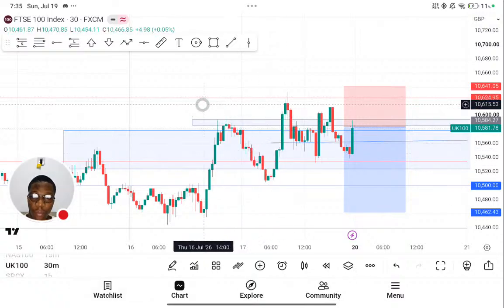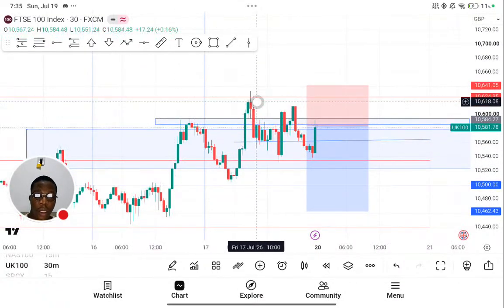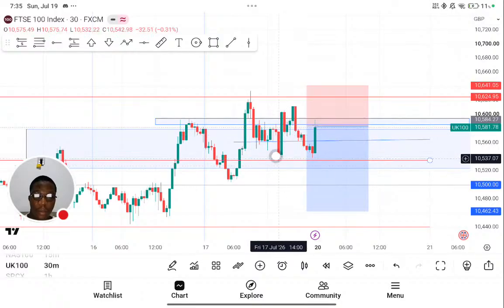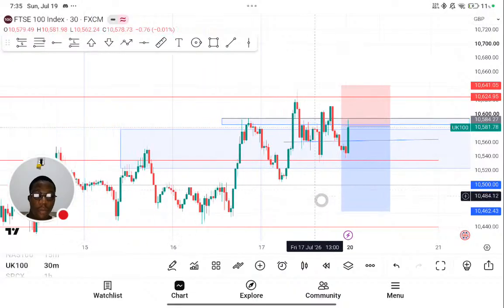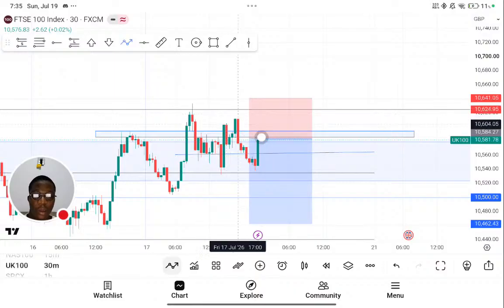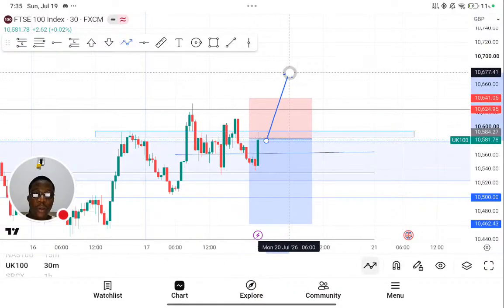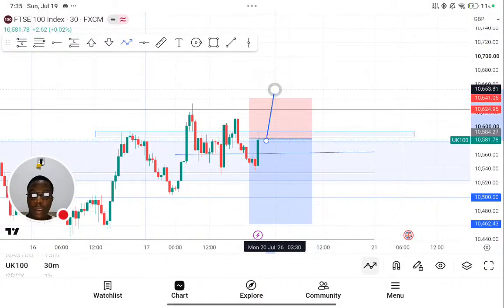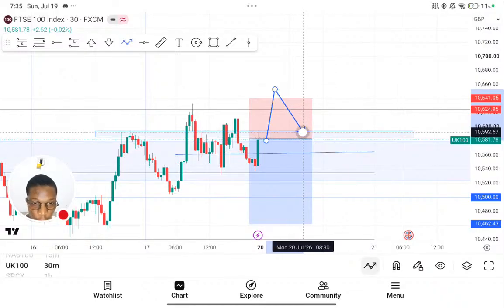Shoulder, head, came, took out this guy, came, it's at that level. But then in the case this zone fails, no problem, it's gonna take out this stop loss. Then you wait here.